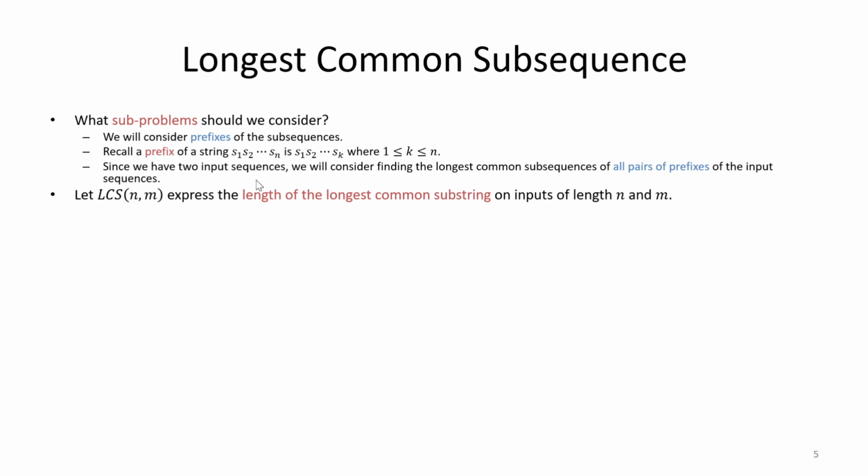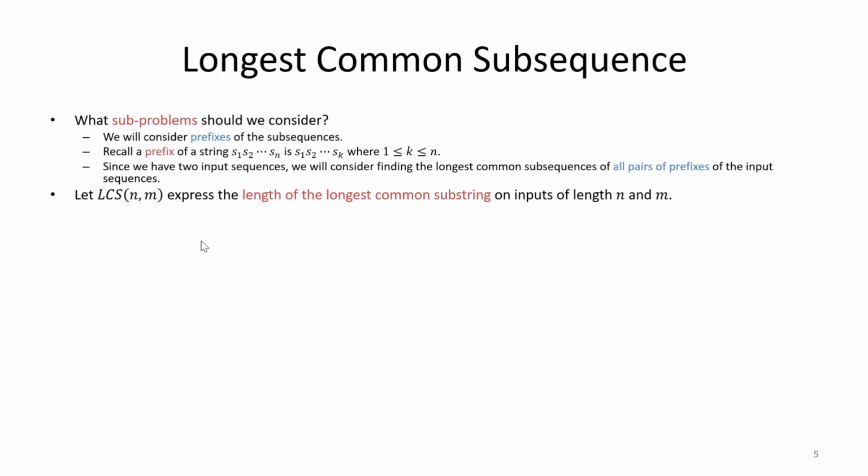But we actually have two input sequences instead, which means we're going to end up considering all different pairs of prefixes. And so one thing I might do here in a second is consider how many such pairs there might be.